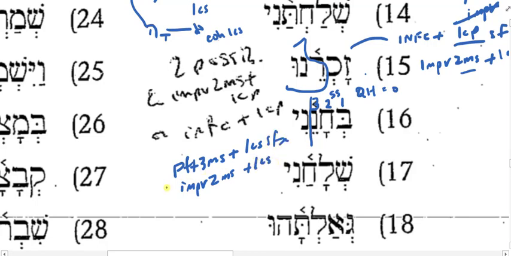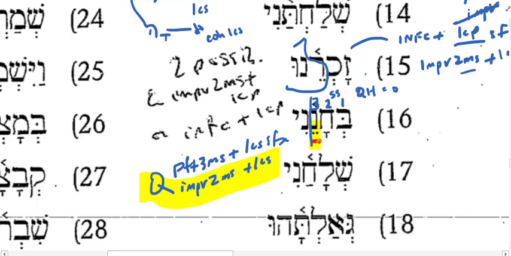Okay, now put a Q there for Qal. The question is, what is my helping vowel here? Is it A class or I class? It's I class. And that's going to commit me to which one of these? The imperative. Okay? If it were this, bechanani, I'm trying to remember if that's a patach or a qamets here.